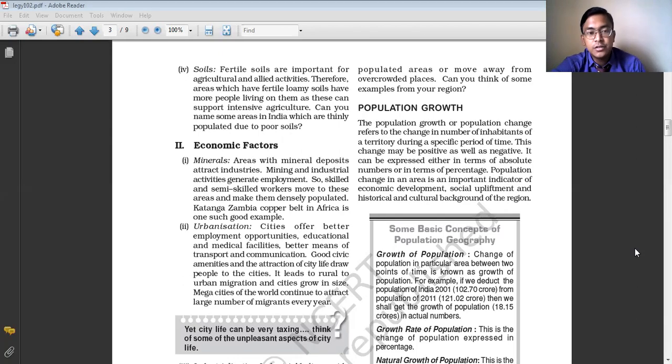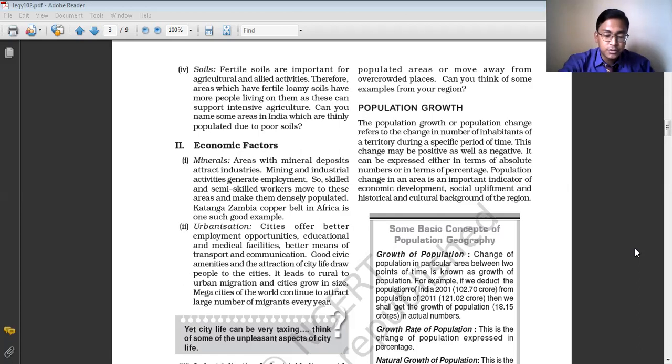Like in the year 2021, what was the population of India? And in the year 2011, what was the population of India? The difference between the population in these two years is known as the population growth.